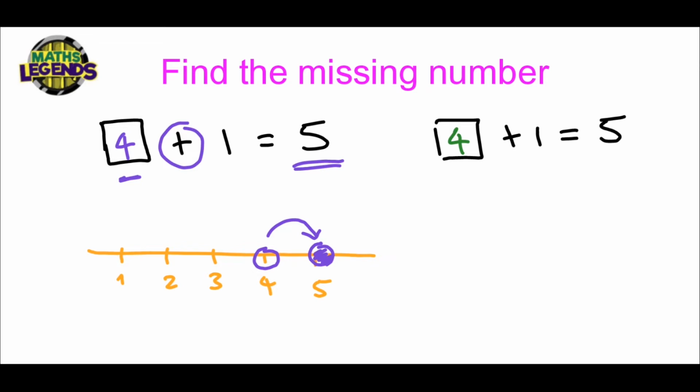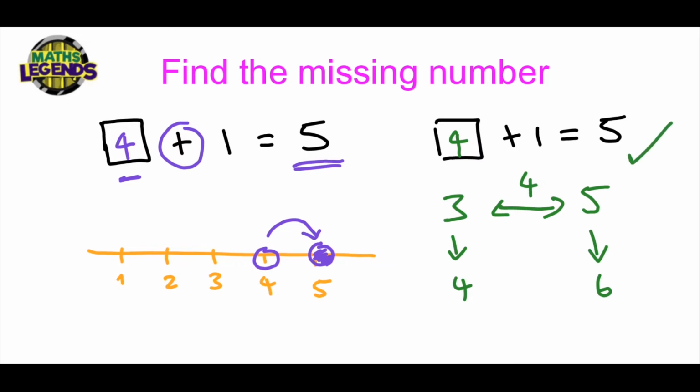But let's say, for example, we went with 5. Well, here 5 plus 1 is equal to 6. So we added too much. So there we know we need to go between 3 and 5, because 3 gave us 4, which was less than the 5, and 5 gave us 6, which was more than the 5. So in between these two is 4, so we can try that. And as we've seen before, 4 plus 1 equals 5, which is the right answer.